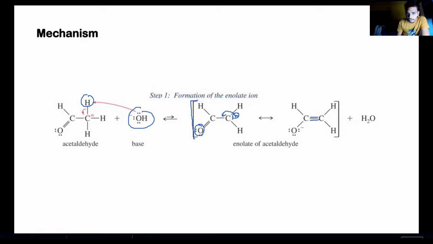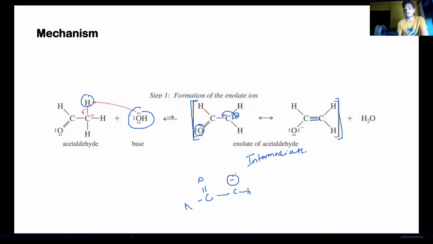But what is the exact meaning of this box? This is an intermediate. So we are considering here a carbon having a double bond attached to H, and this carbon having a negative charge right now.